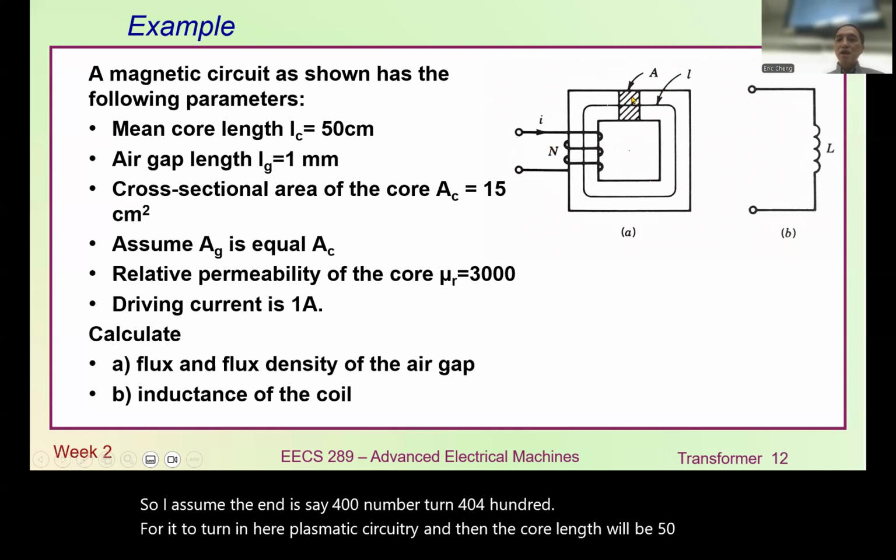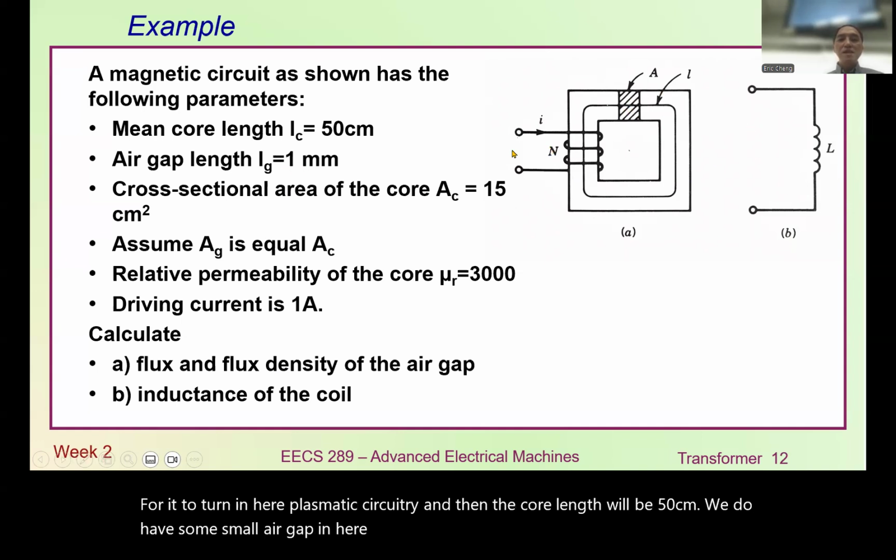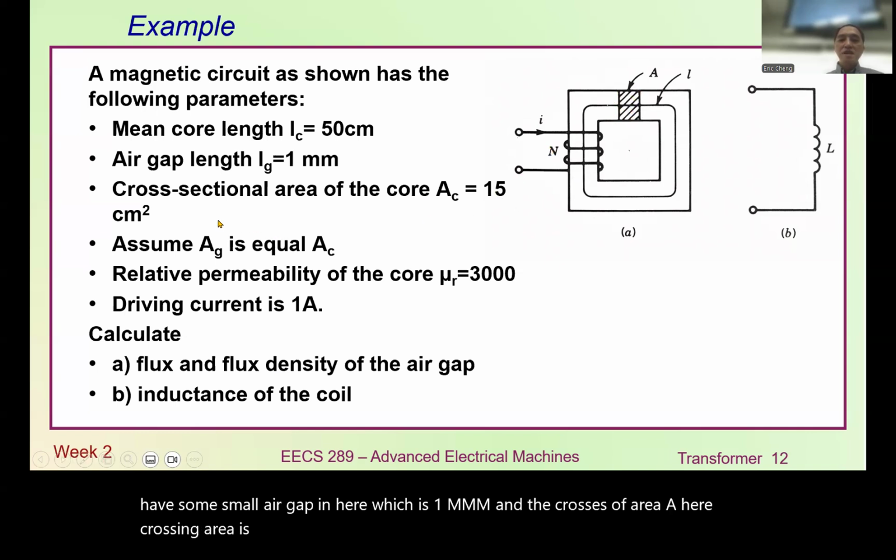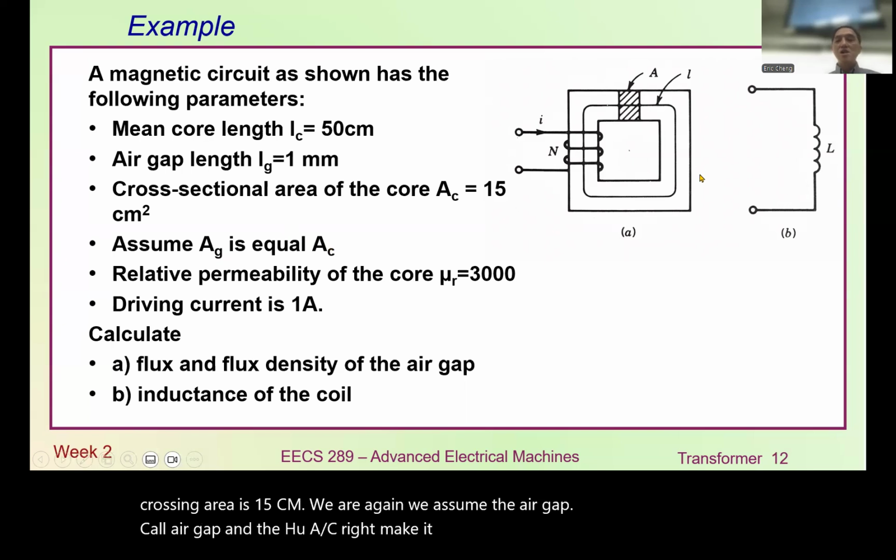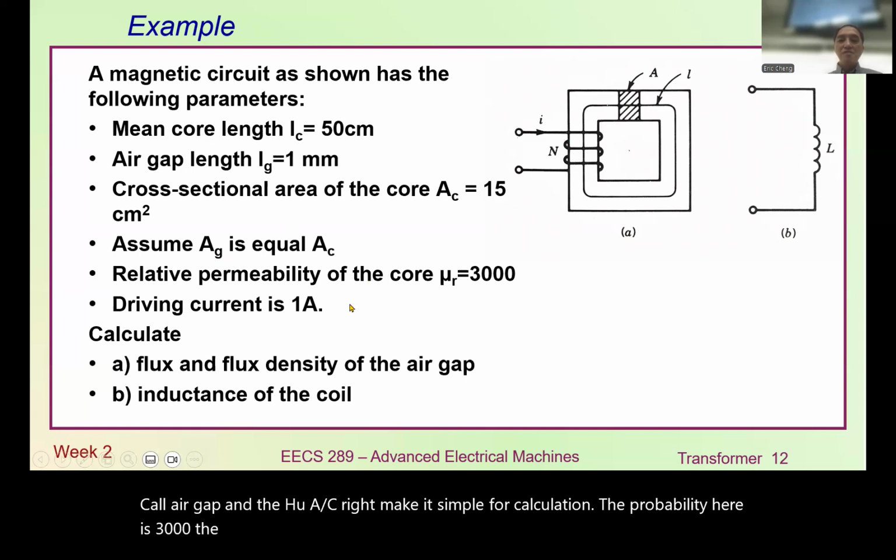We do have a small air gap in here, which is 1 mm. The cross-sectional area A is 15 cm squared. We assume the air gap area AG equals AC, right? Make it simple for calculation. The permeability here is 3,000. The driving current here is 1 amp.